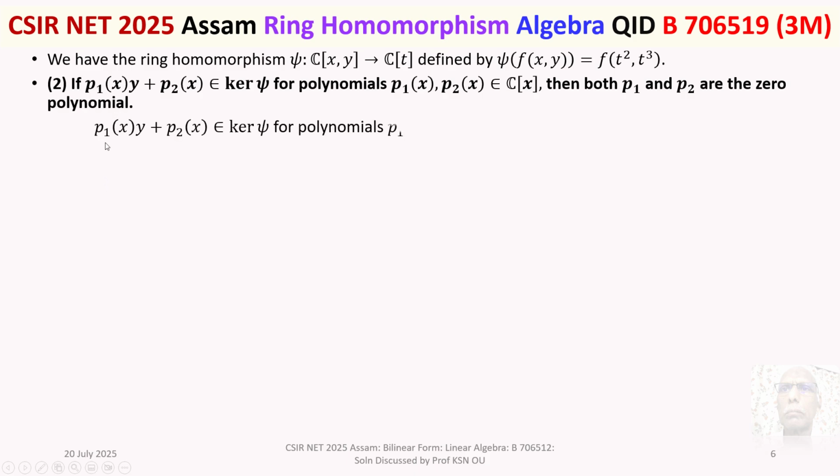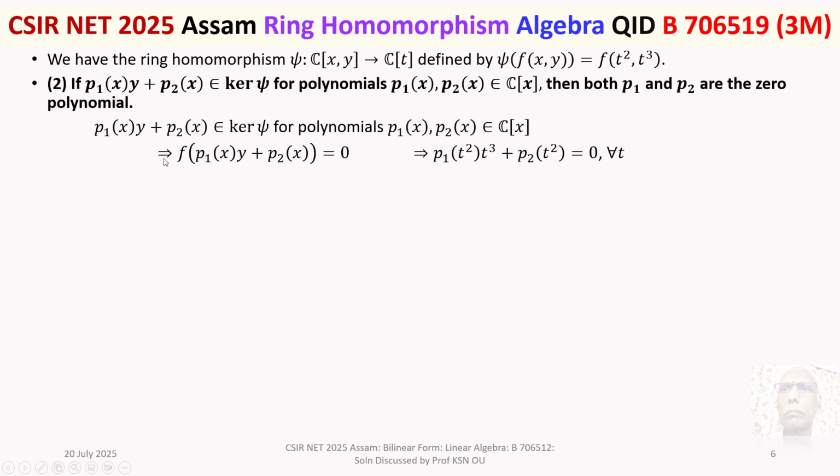Now, p1(x) multiplied by y plus p2(x) belonging to the kernel of psi means the psi of this polynomial must be 0. So, this is psi. Psi of p1(x)y plus p2(x) is equal to 0.